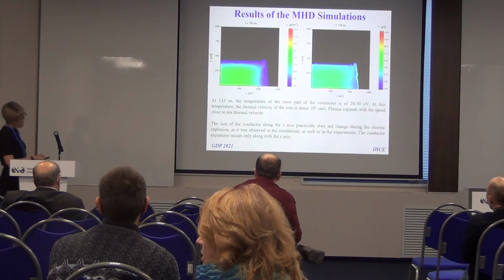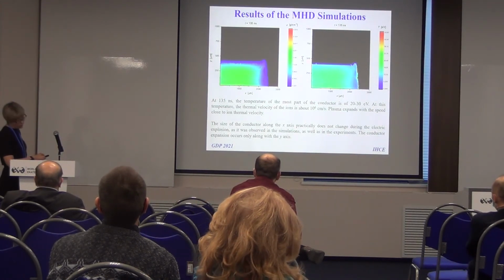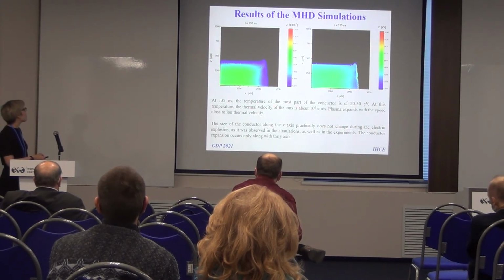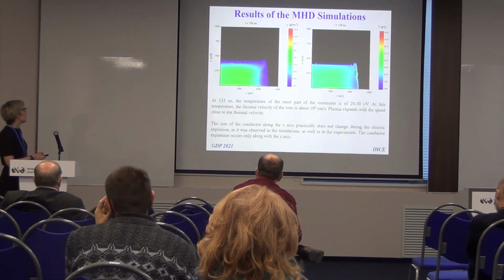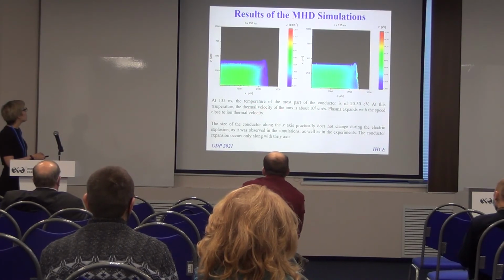This figure shows the distribution of the density and temperature at this moment. The temperature of most of the conductor is about 20-30 electron volts, and the thermal velocity of the ions is about this value.